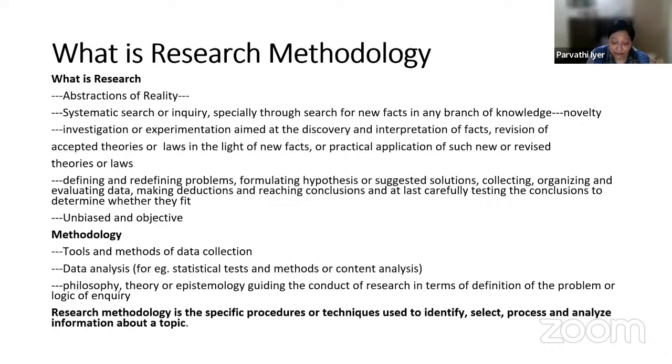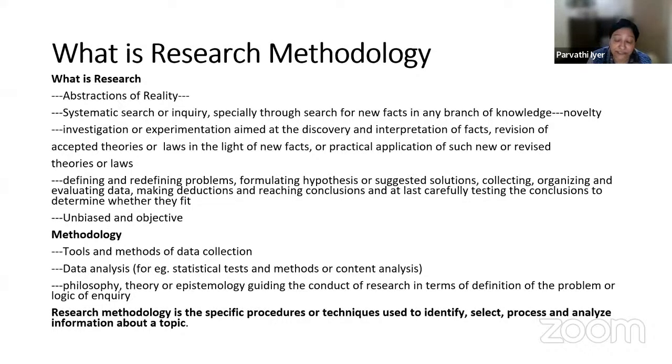That means the main purpose, before you even define your research problem, you would identify a broad area, and then you need to look into the literature in that particular area. And the purpose behind looking into this literature is to come up with research gaps.